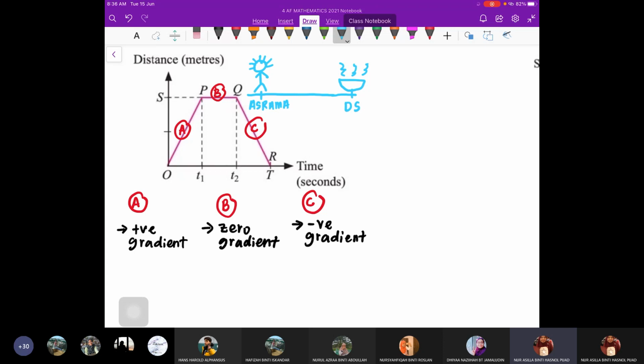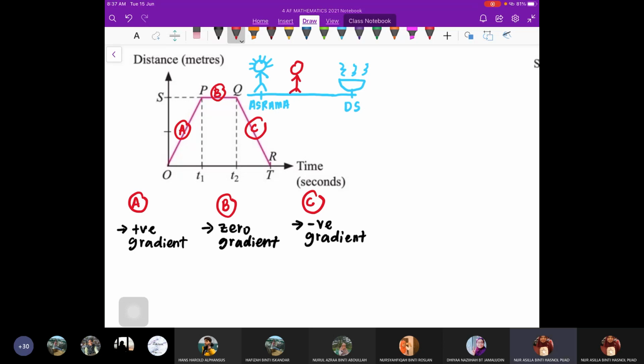Jadi, jarak daripada asrama dia ataupun bilik dia lah, pergi DS. Dan juga masa yang diambil. So, bila keadaannya A from 0 to P, maksudnya dia gerak. Distance menaik, masa pun bertambah. So, dia gerak. Oops, dia terjumpa seorang lagi kawannya.